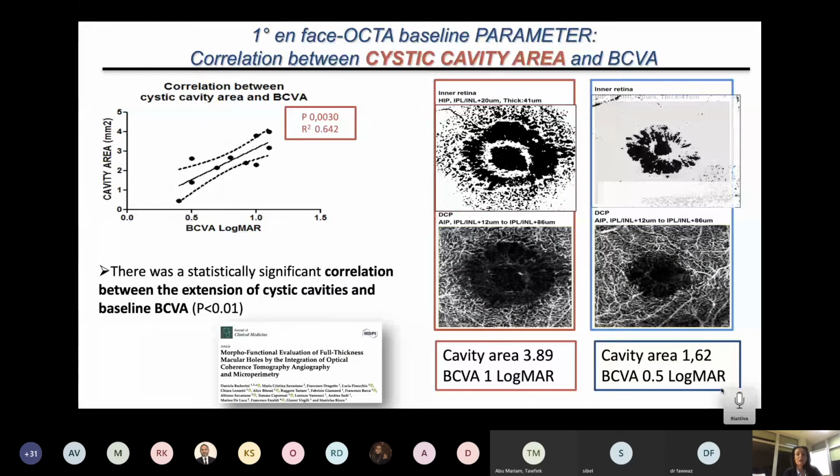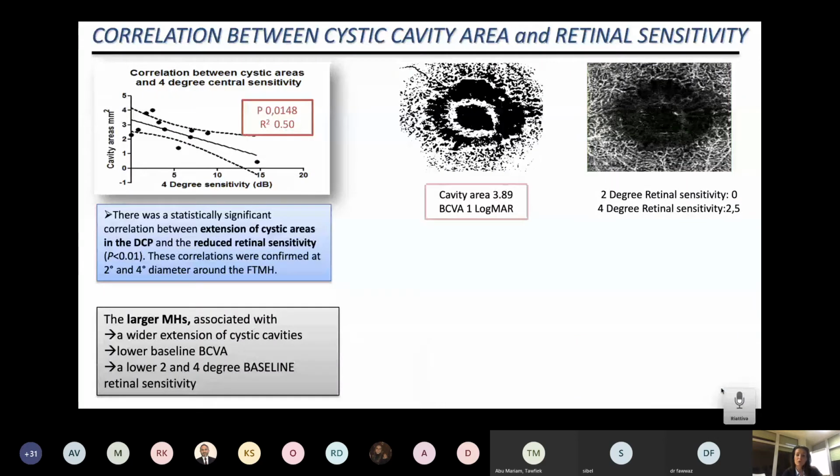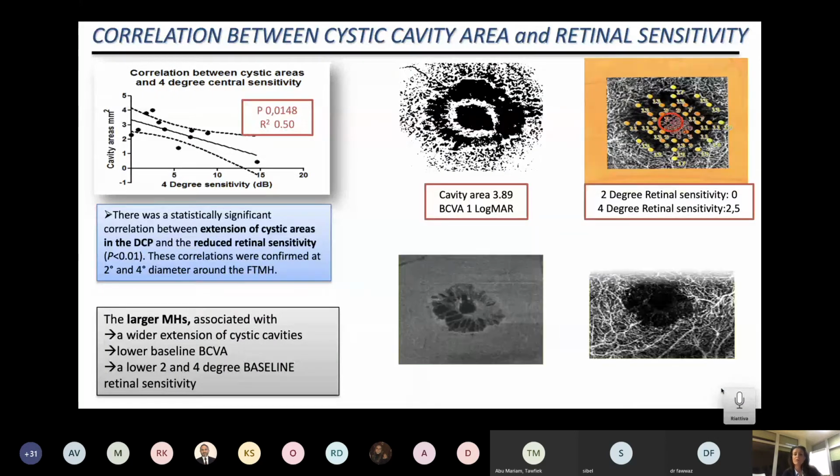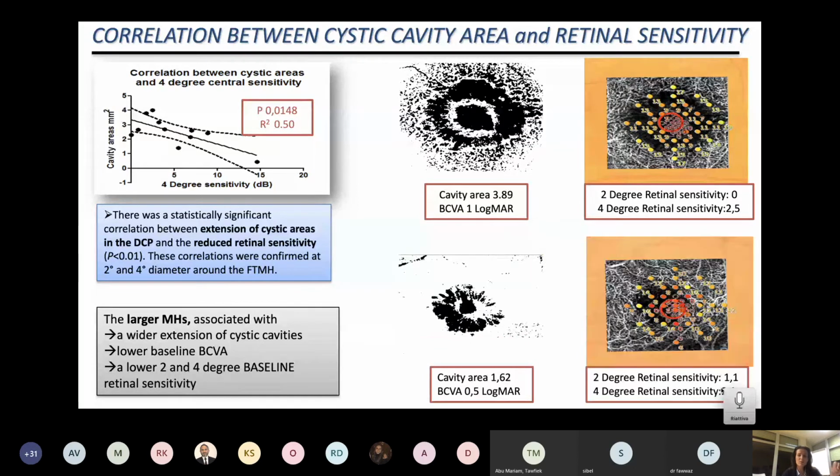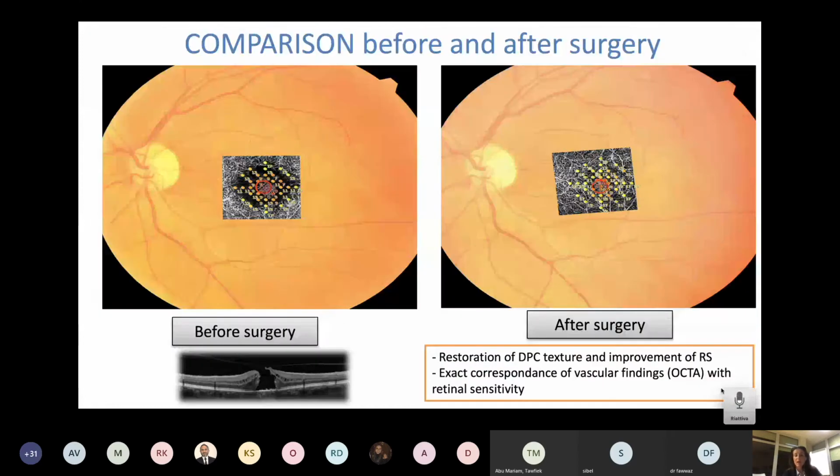We measured the cystic cavity area, and we found it was correlated to the baseline best corrected visual acuity, and the cystic cavity area was also correlated to the retinal sensitivity. In other words, larger macular holes were associated with wider cystic cavity extensions and lower best corrected visual acuity and lower retinal sensitivity.